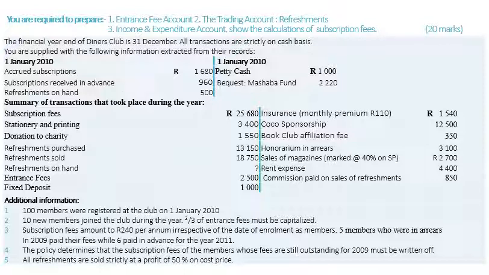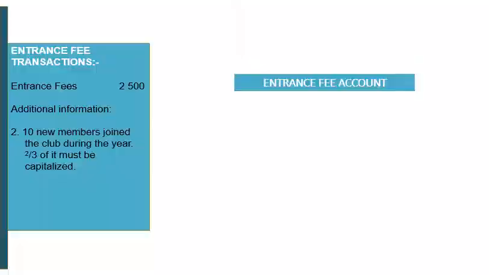The policy determines that the subscription fees of the members whose fees are outstanding for 2009 must be written off. All refreshments are sold strictly at a profit of 50% on cost price.